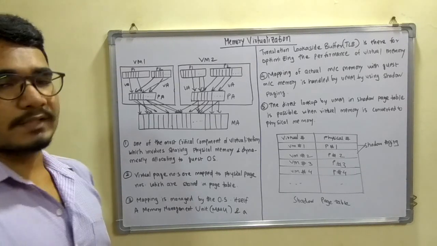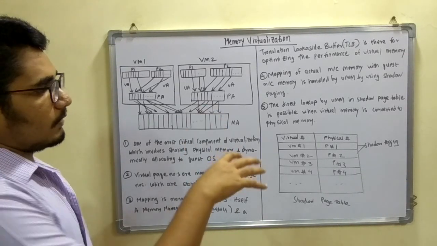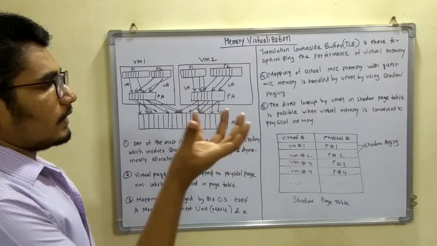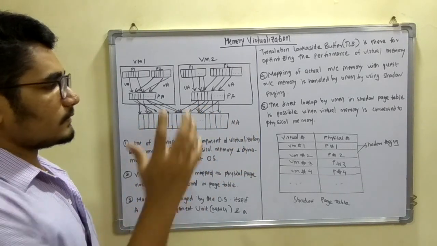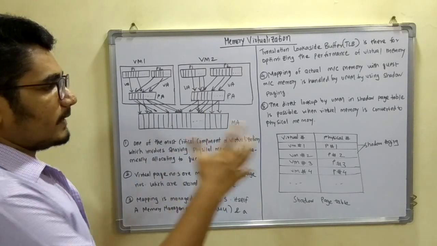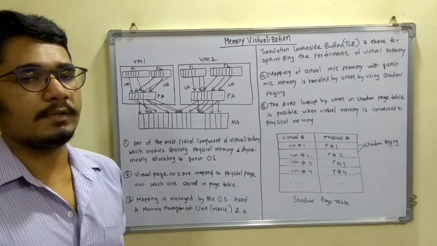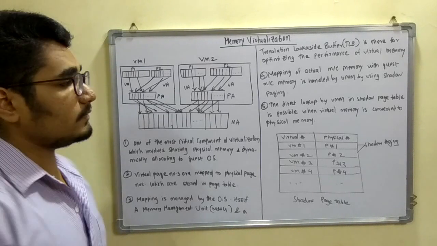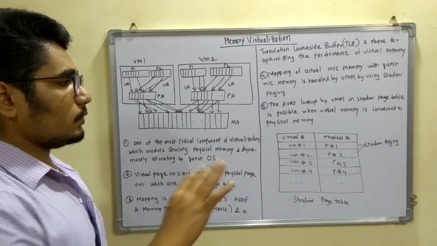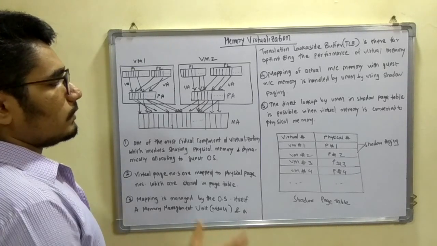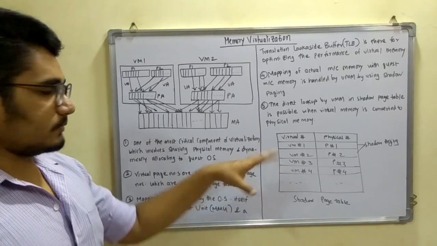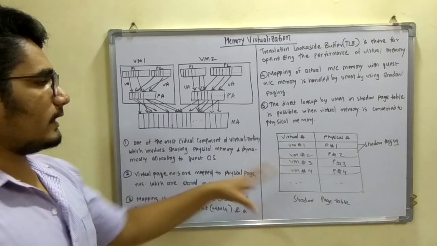The actual machine memory is mapped to the guest machine memory by means of a page table called the shadow page table, and the mechanism is called shadow paging. This main mechanism of shadow paging comes from the DBMS, so I am going to explain what this shadow paging technique is.